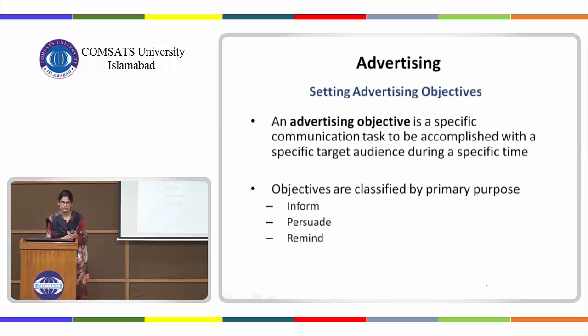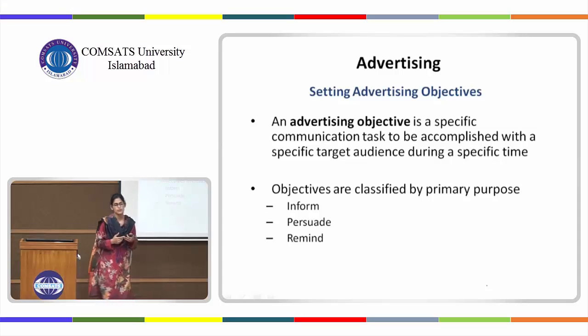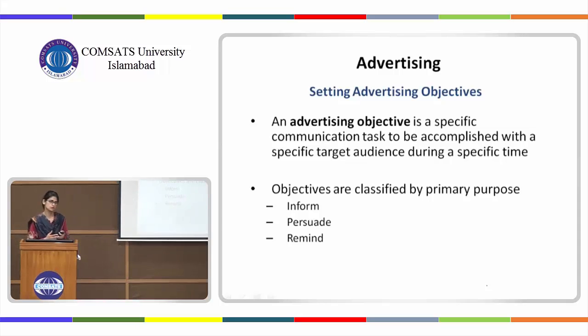Now, advertising is a whole process, and there are different major decisions that you need to take when you're advertising for a particular product in question, right? The first important thing that you need to consider is that you need to set the advertising objective.